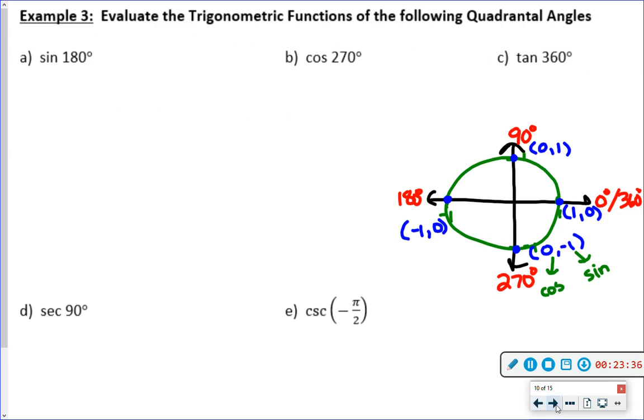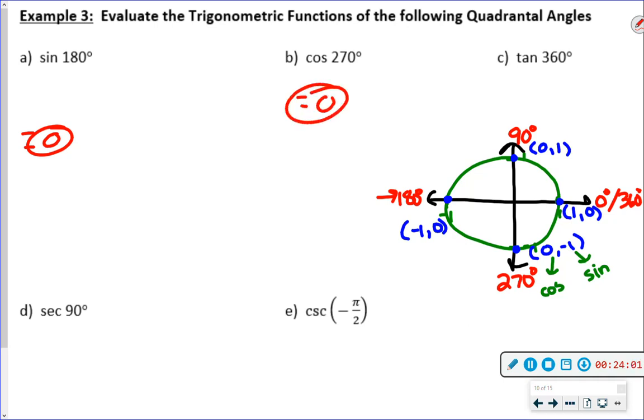So I'm doing sine of 180, first one. So I'm looking at 180. Sine is the y coordinate of that point. 0. Done. And you are going to get for these like 0, 1, negative 1, you're going to get the same answers a lot. Cos of 270. 270, cos is the first coordinate, 0. We're done.